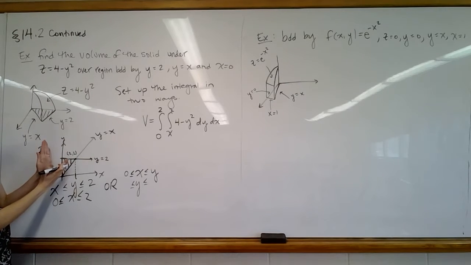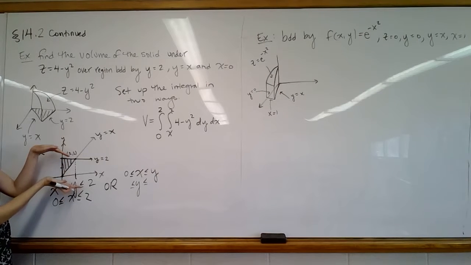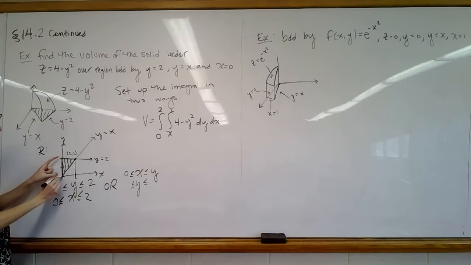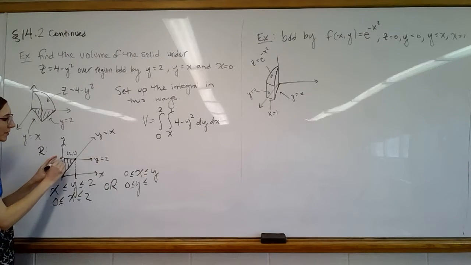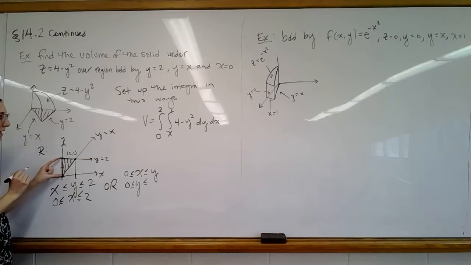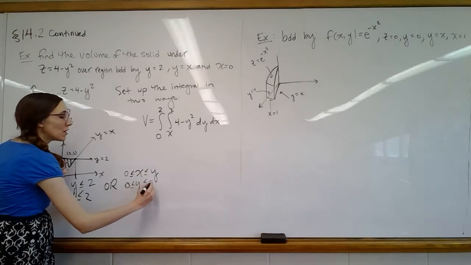And then to figure out, well, on that region, what are the bounds that I want for the y's? So kind of what's the lowest point and what's the highest point? So on the y-axis, that would go from here, from the origin, which is 0, up to the highest point of that rectangle, which is y equals 2.